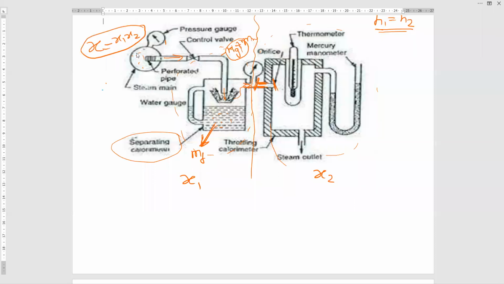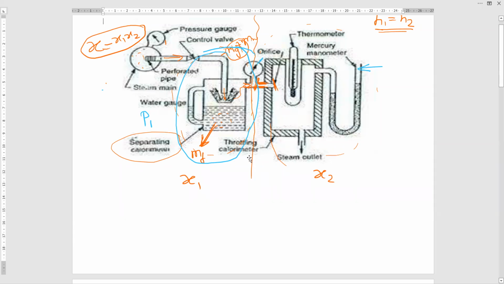This entire separating calorimeter is at one pressure, P1, and the throttling calorimeter is at another pressure, P2. That P2 will be measured using this manometer, or else a pressure gauge is attached here.